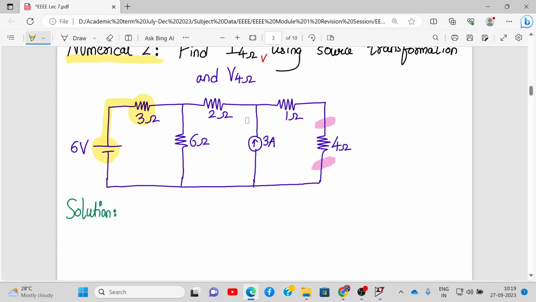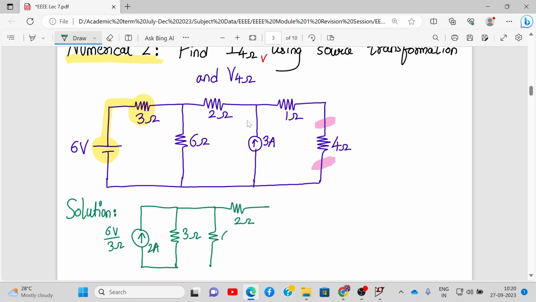So let me write over here. This gets converted into a current source, direction going from negative to positive, and in parallel we have a resistance of 3 ohm. What will be the value of this current source? It will be 6 volt divided by 3 ohm, and that comes out to be 2 amperes.